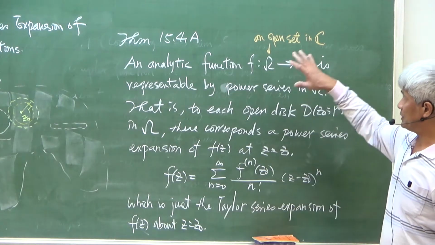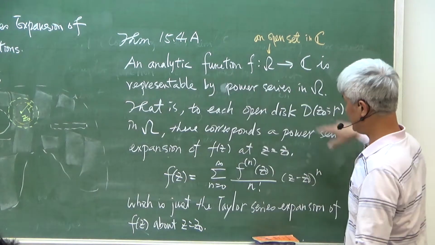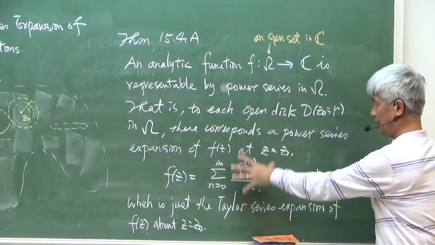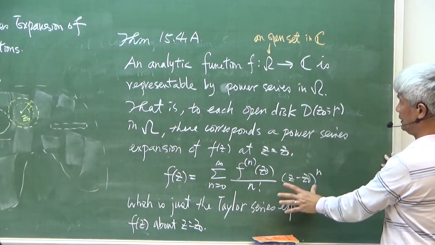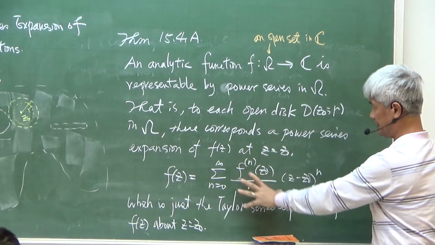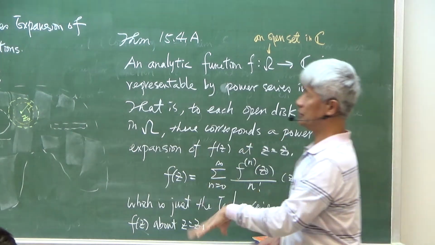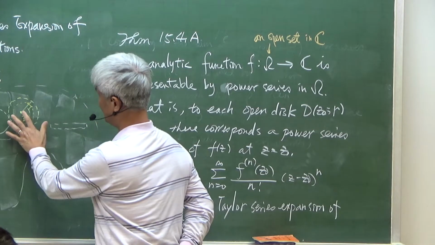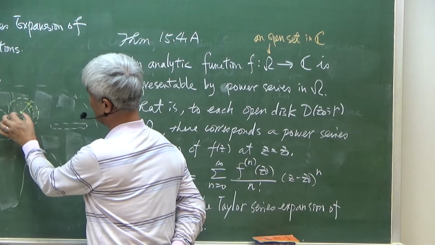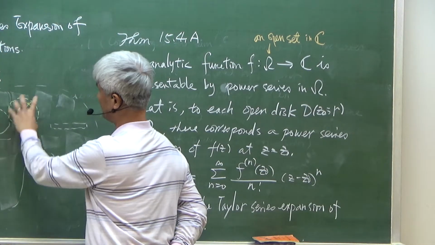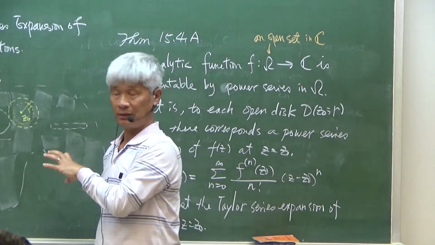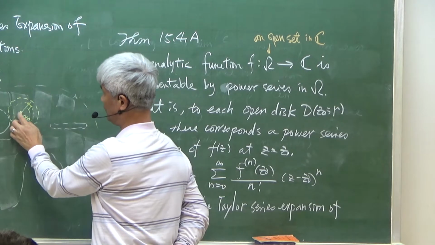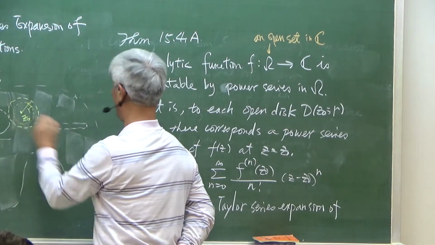Okay, so you can have this, and the ROC of this power series is equal to the biggest radius such that the disk is still contained in the open set. So for this case, we will reach the boundary of the hole here.